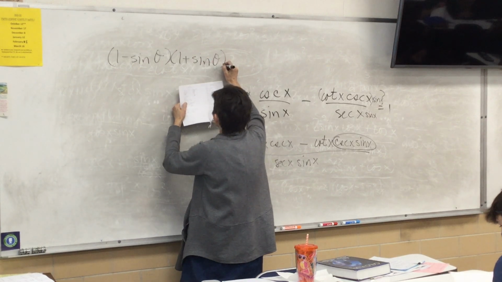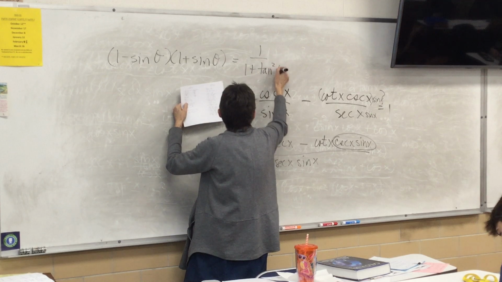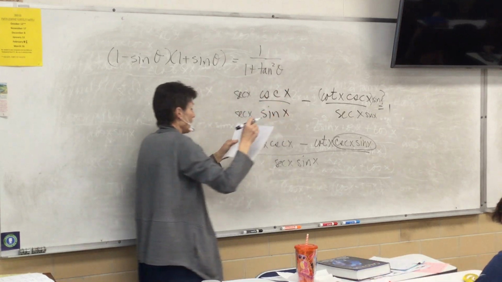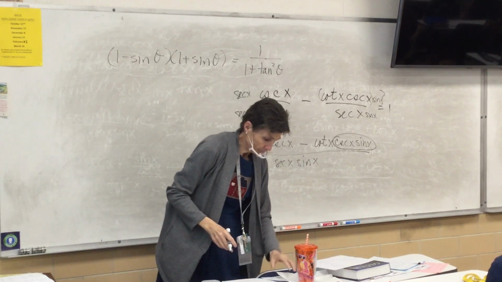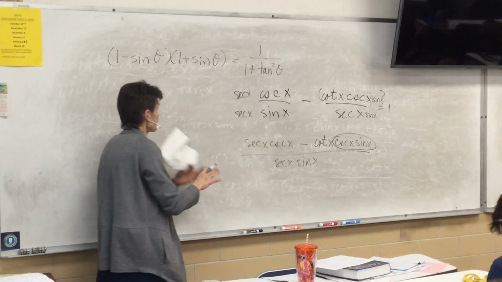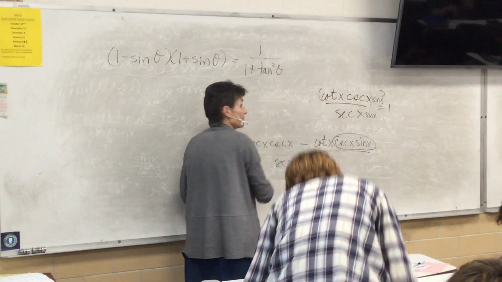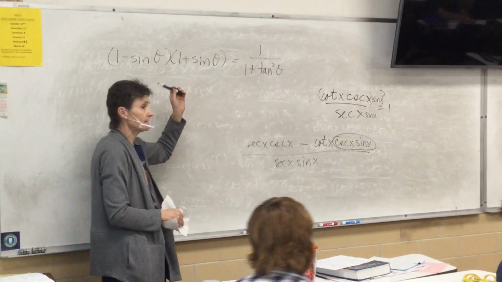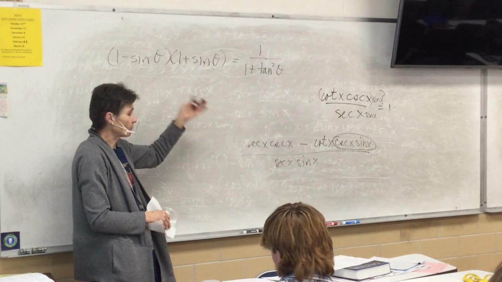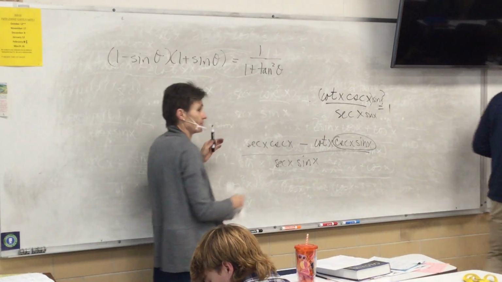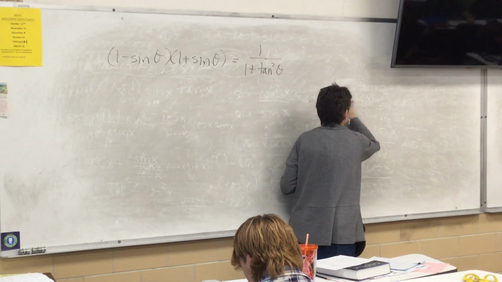This is problem number 11 on worksheet 1. Okay? So gather your thoughts. First of all, the variable in this identity is theta. If you want to make that an x, it's perfectly okay. It doesn't matter what variable you use, just make sure you're using the variable.